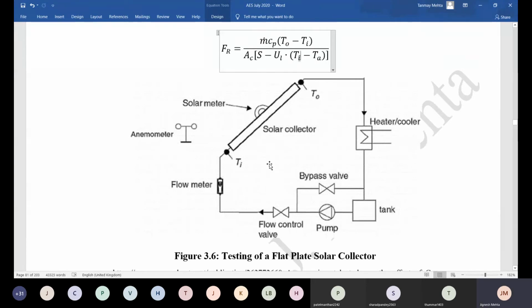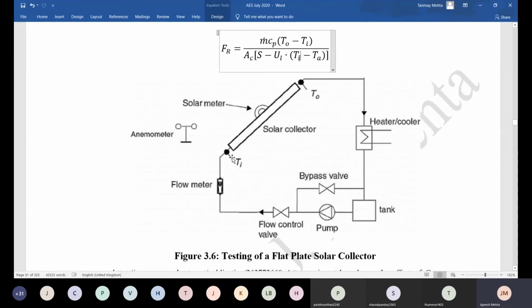Then next you want it at 50. So you may need a heater for that, and you pump it at 50, measure the outlet temperature, and make the required table. Again, you also want to test it at 60-degree inlet temperature. So with the help of this heater, you heat it to 60 degrees Celsius. You have to maintain a particular temperature for all the tests, right?